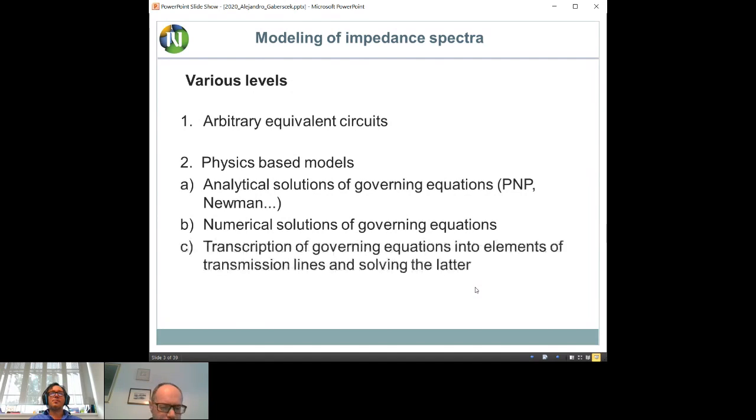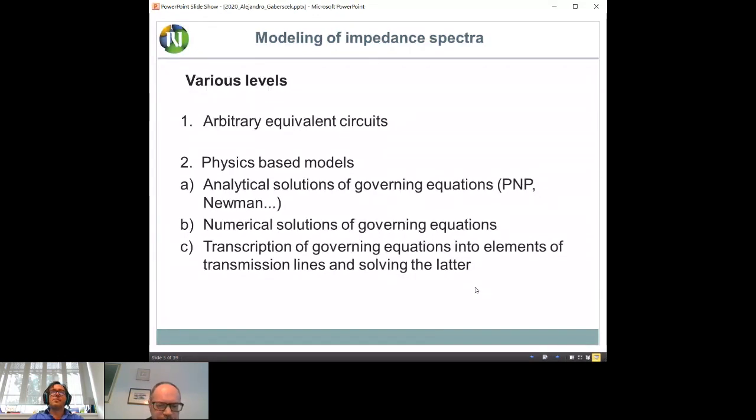And then it is also possible to use another approach for physics-based models, called transmission line modeling. Transmission line modeling can also be used under the first point, like an arbitrary equivalent circuit, or you can actually derive elements directly from the governing equations and then use them to cover processes locally and generally in your porous electrode.